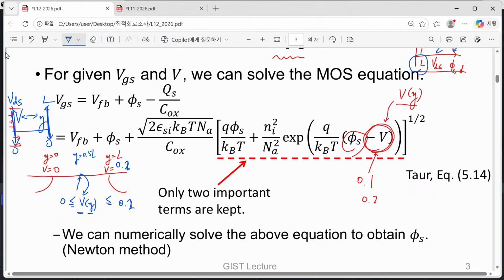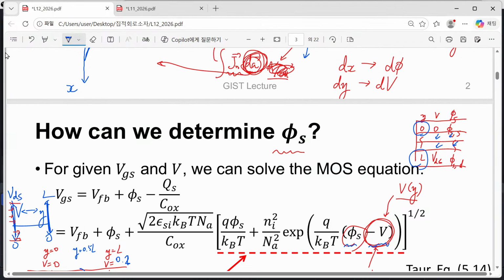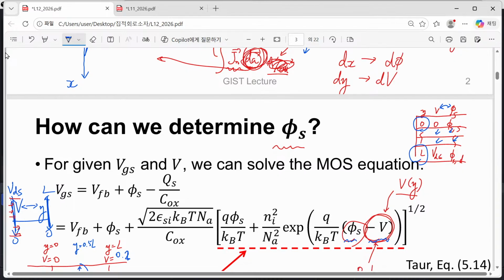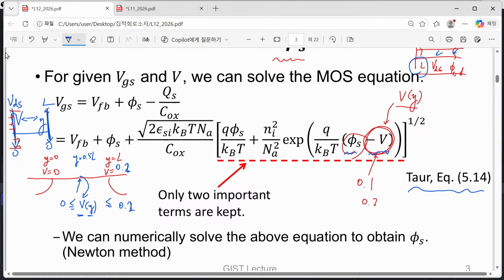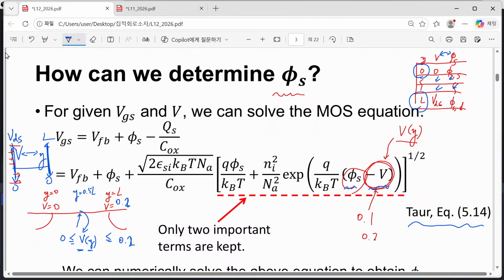But fortunately, with this equation, assuming a value of the quasi-Fermi potential, you can calculate the surface potential. So in this table, the relation between V and phi s can be solved by this equation obtained from the MOS capacitor.